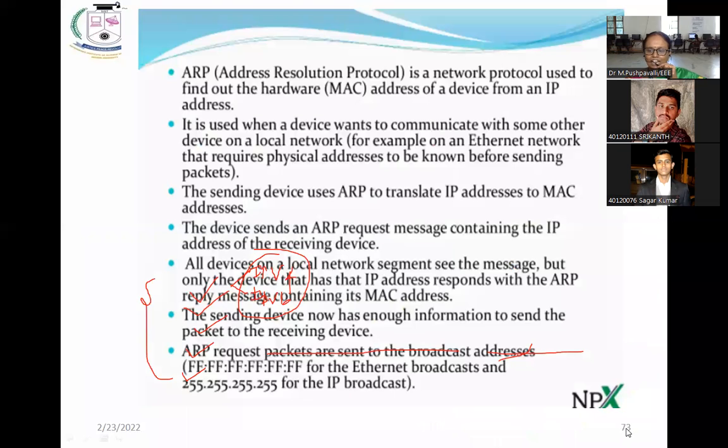ARP. What is ARP, ma'am? Address resolution protocol. It is mainly used to find out the hardware address. I told you the network interfacing ports are there to identify the MAC address of a device from an IP address, and it is used where I want to communicate.